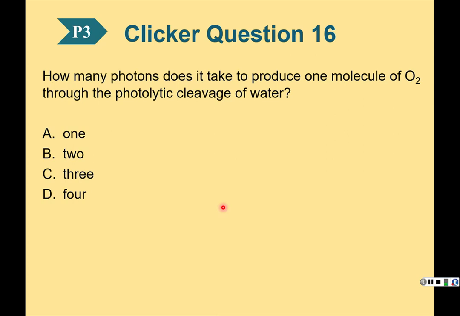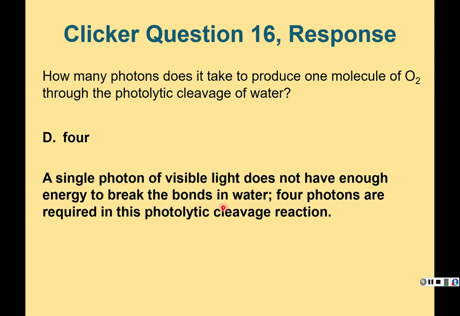So just a quick question to make sure we're all on the same page. How many photons does it take to produce 1 molecule of O2 through photolytic cleavage of water? Remember, that's 4. It takes 4 photons to produce 1 molecule of O2. And by doing that, you're also generating 4 electrons.